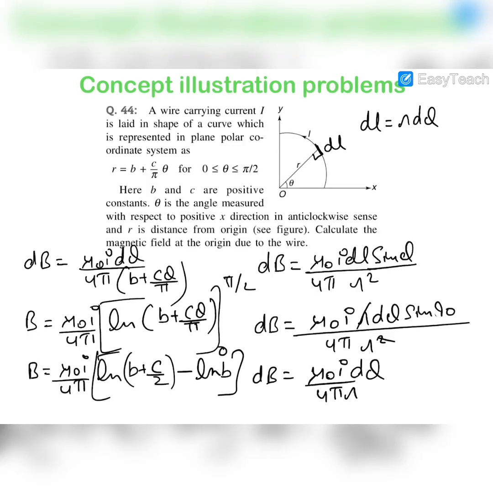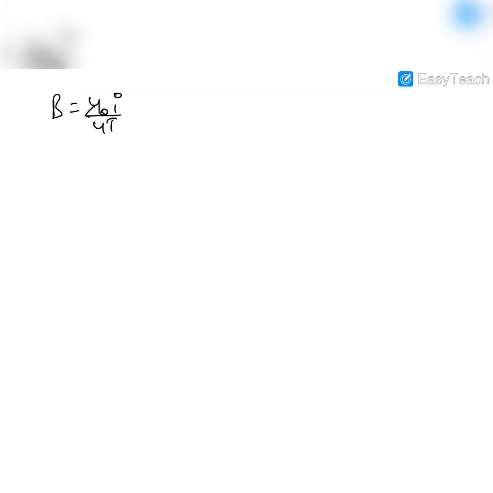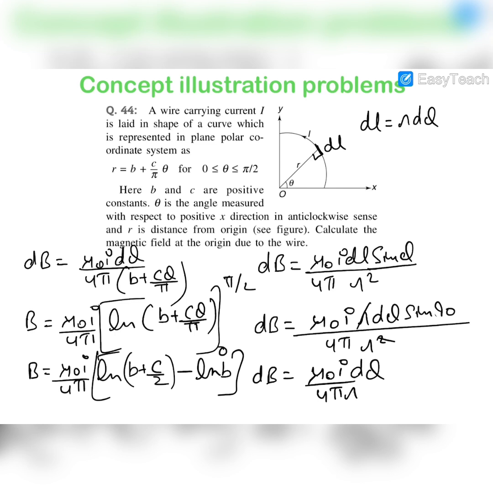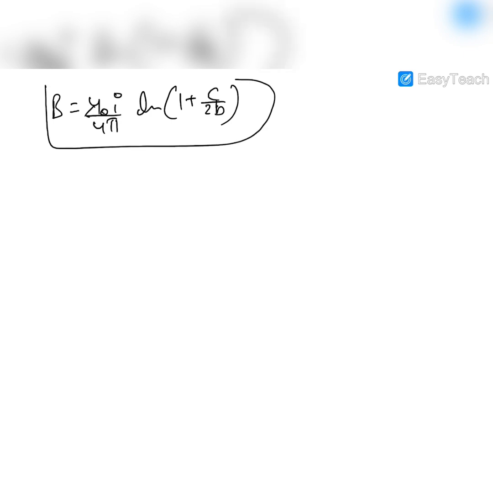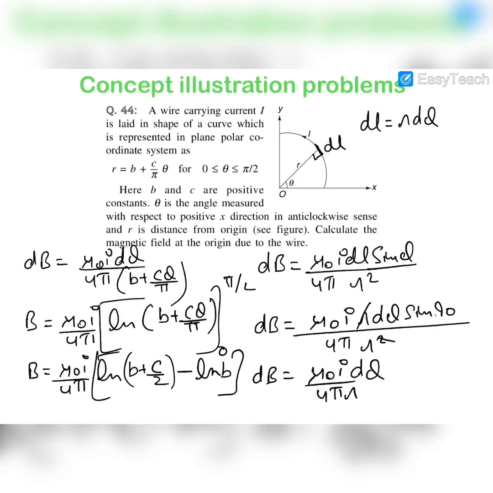So B will be equal to mu naught I divided by 4 pi, and ln a minus ln b is ln a by b, so it would be ln of 1 plus c by 2b. This will be the magnetic field due to this arc at point O. Now let us move on to the next question.